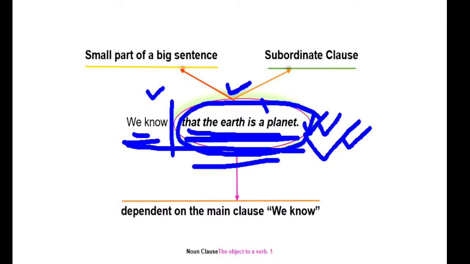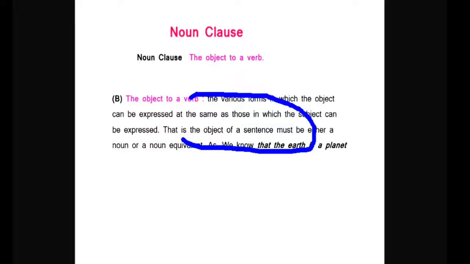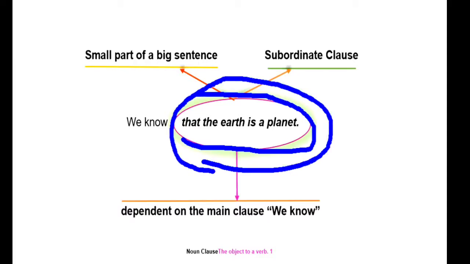This sentence will be completed if we say "we know." That means this part is dependent on this part. This is the main clause and this is the subordinate clause.